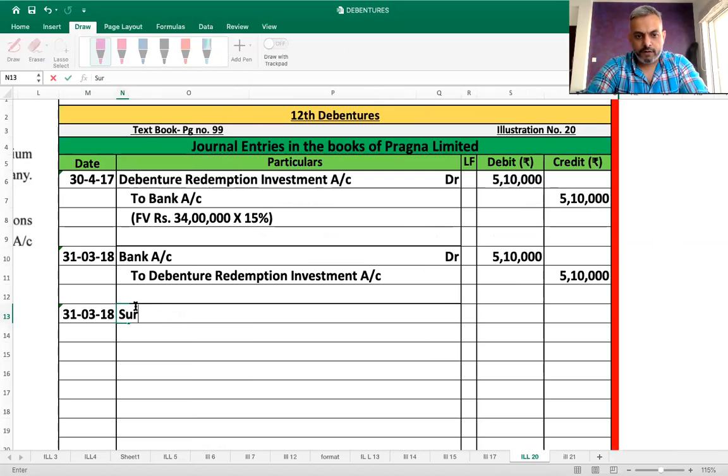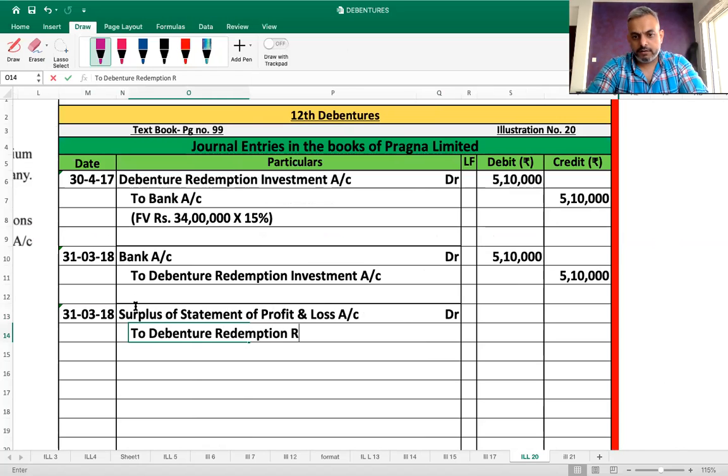From where? From surplus of statement of profit and loss account. Debit to debenture redemption reserve account.